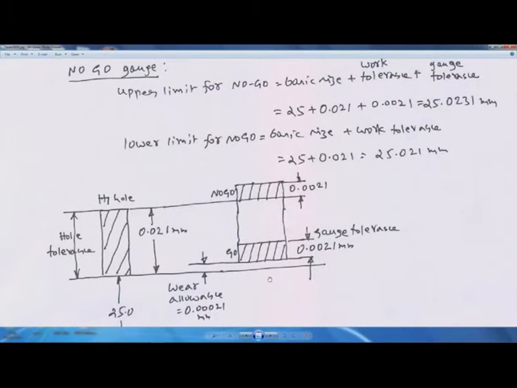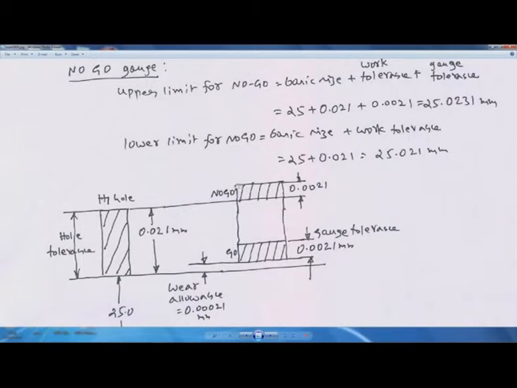Now, coming to no go gauge, so we have the no go gauge here with the gauge tolerance of 0.0021 millimeter. So, this level will give us the upper limit for no go gauge.